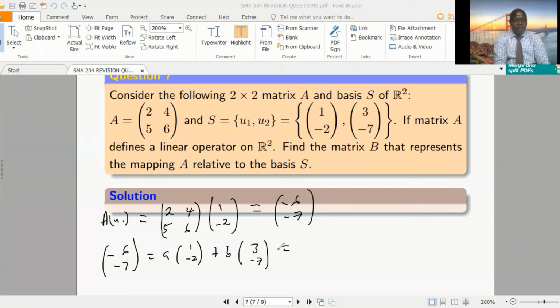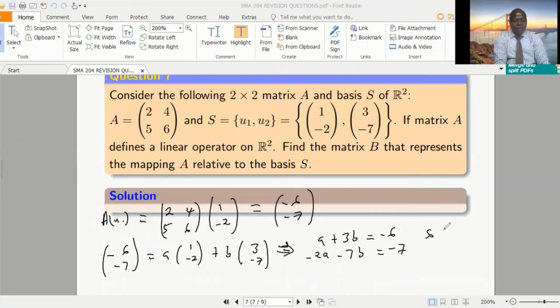This gives you A plus 3B is equal to negative 6, and negative 2A minus 7B is equal to negative 7.